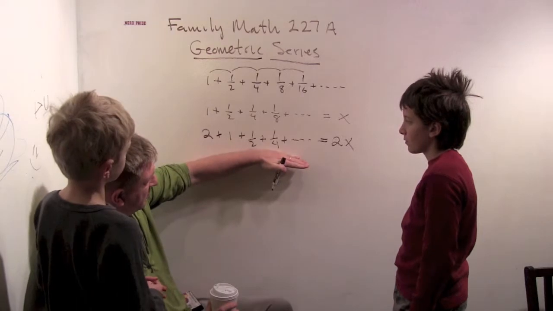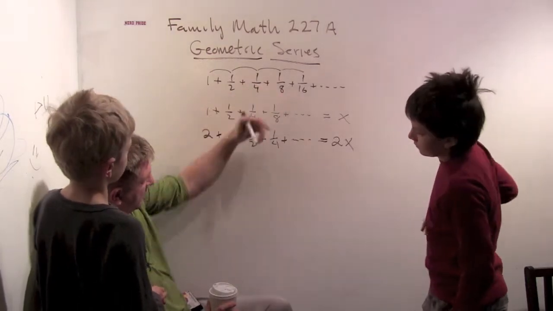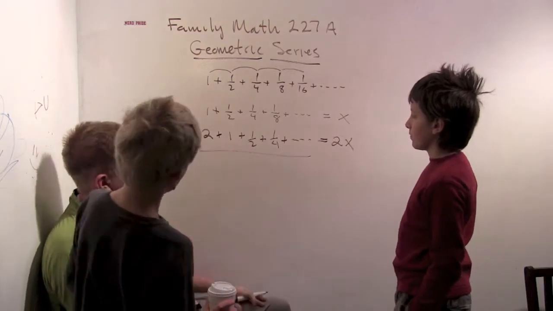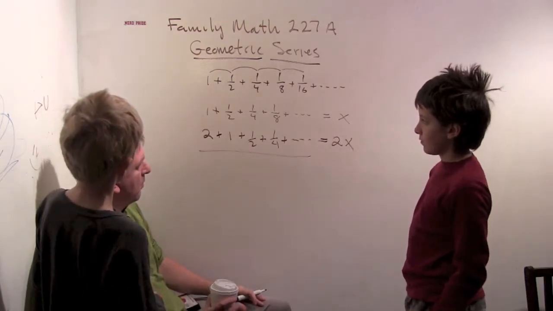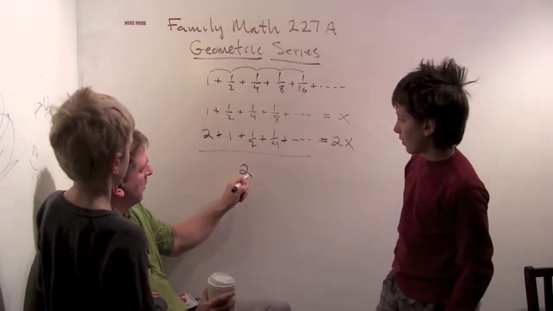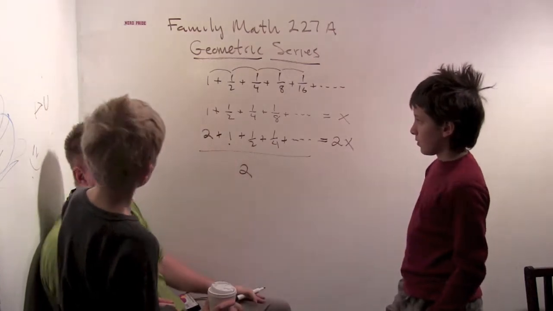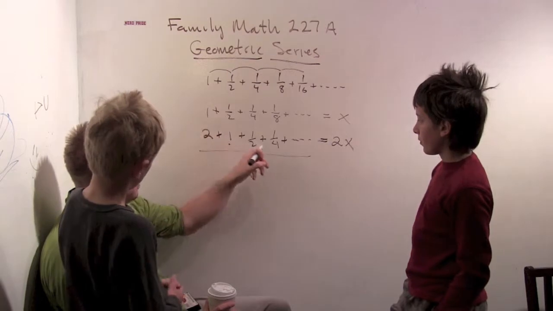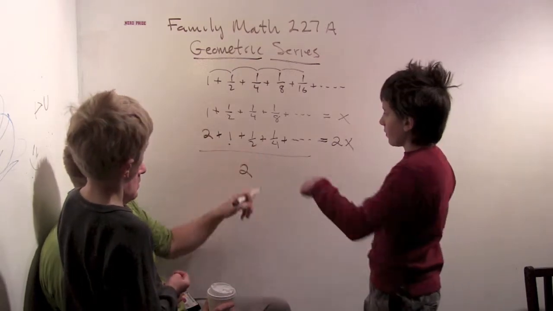Right, so I take this row minus this row. And what am I left with on the left-hand side of the equation? Well, you're left with 2. Okay. What happened to this 1? Well, it got cancelled with that one. And you could also do it straight down.